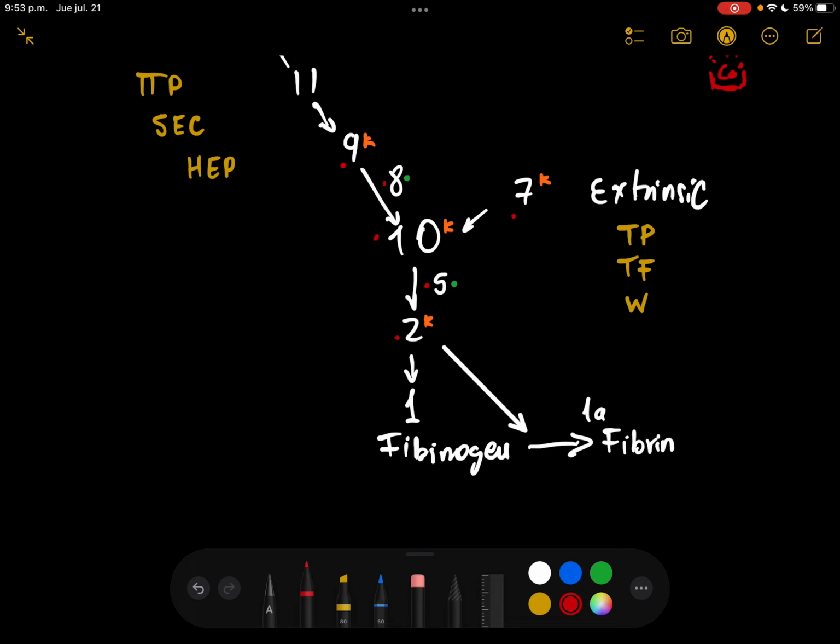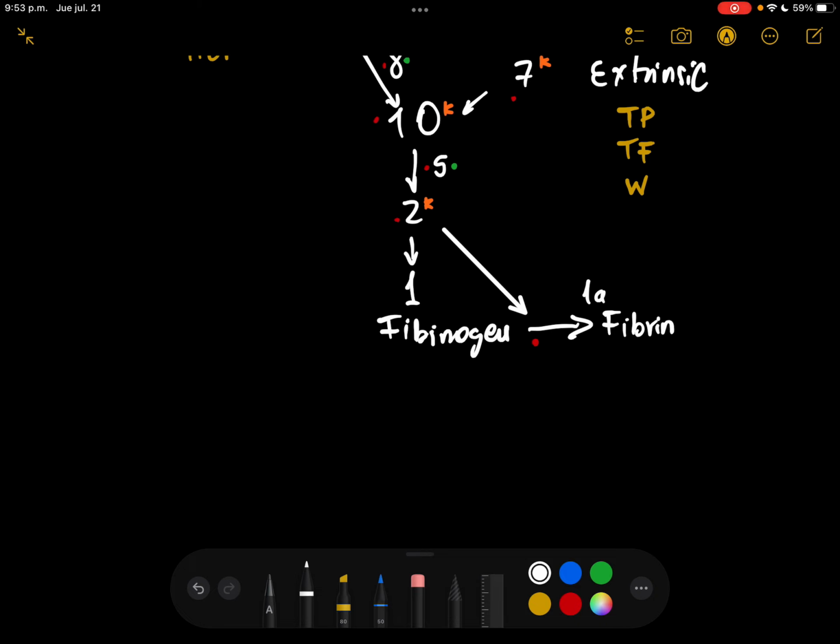Okay, and you need calcium too to activate this pathway, and to make the clot more stable, you have to use another factor that we're going to call factor 13.